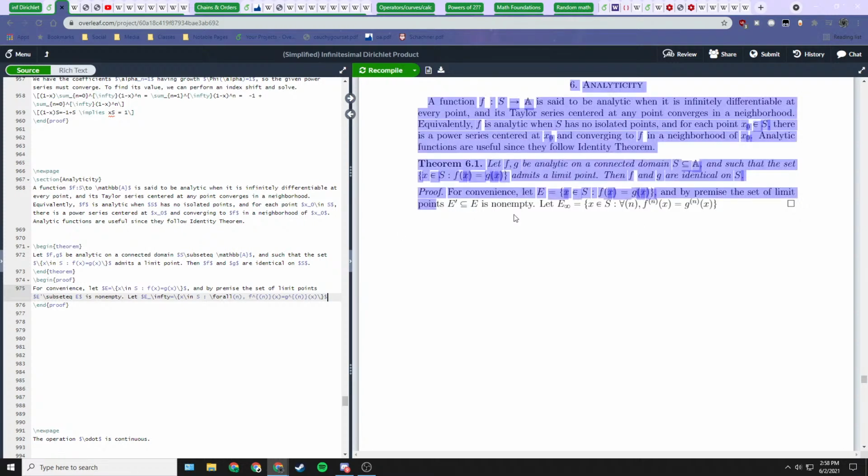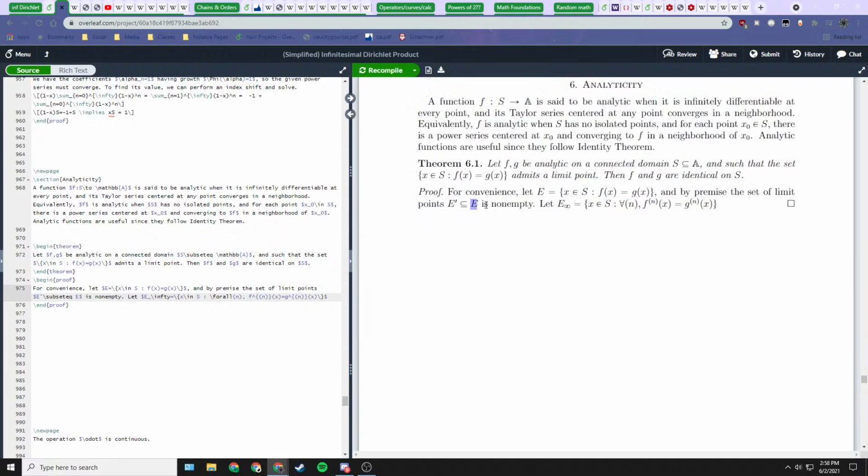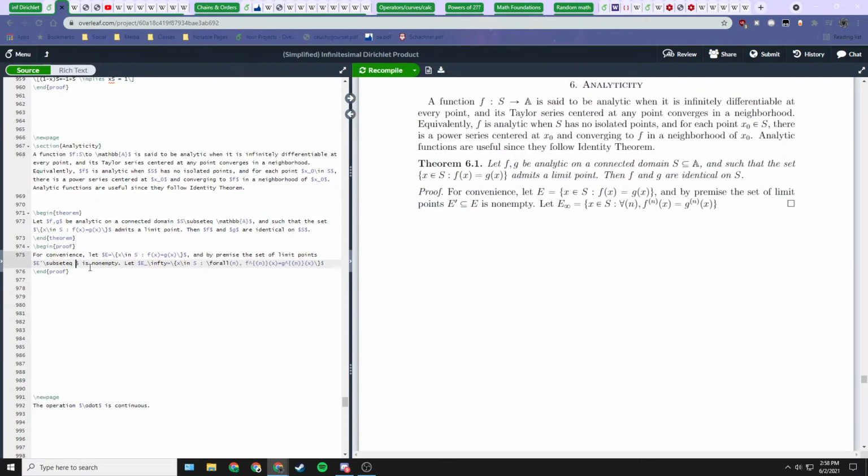By premise, the set of limit points E prime, actually this isn't subset to E, we can say subset to S, is non-empty.